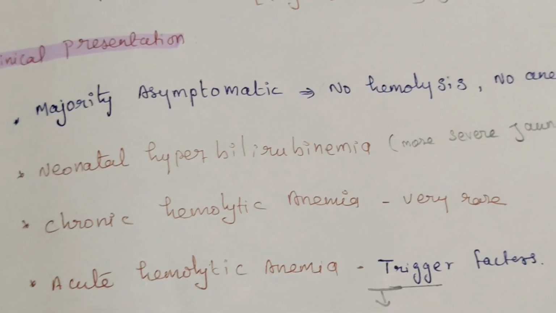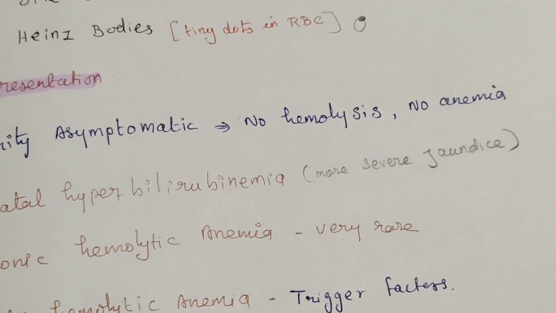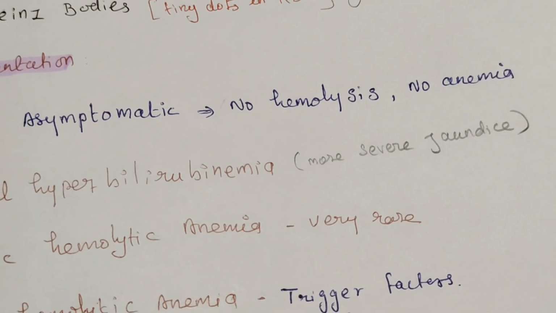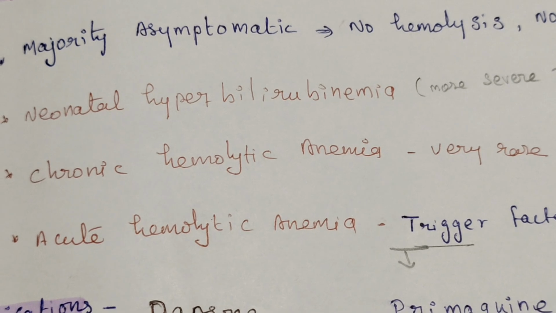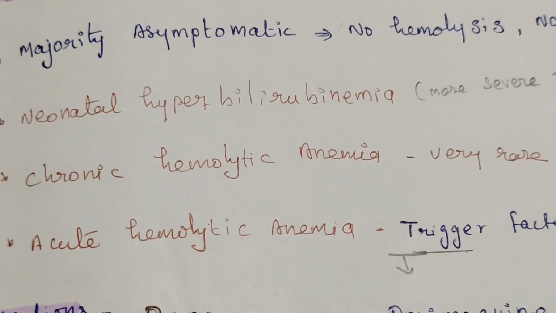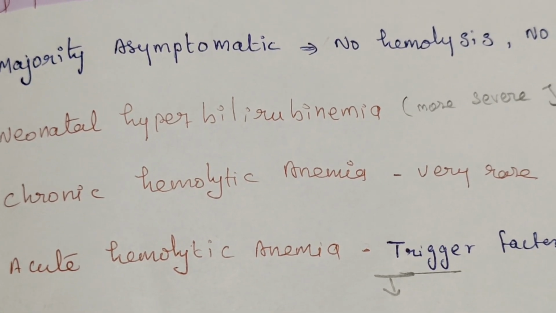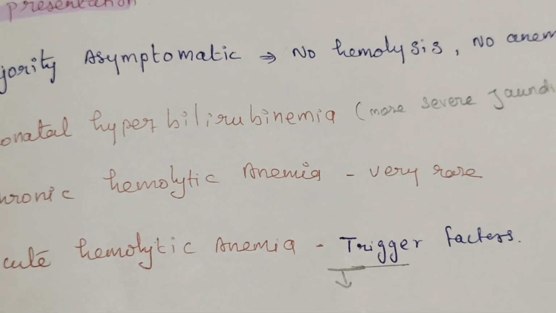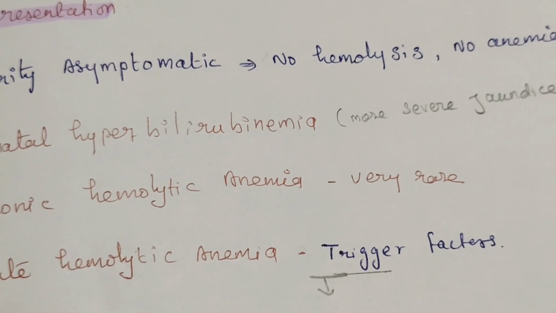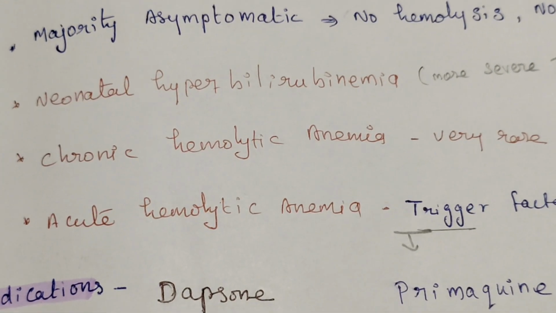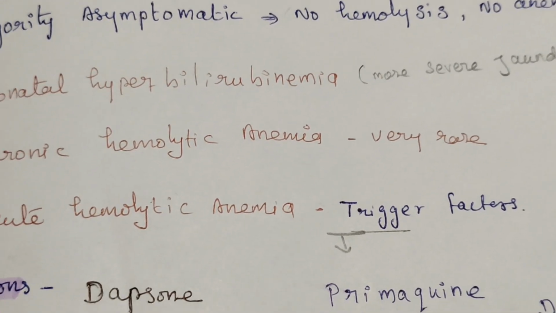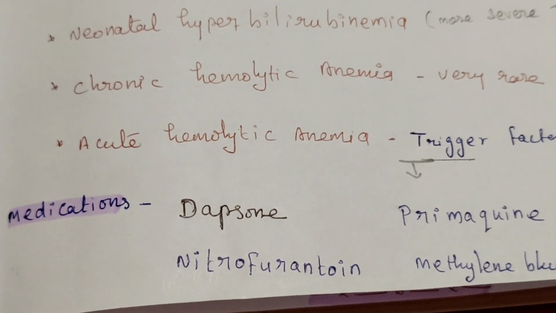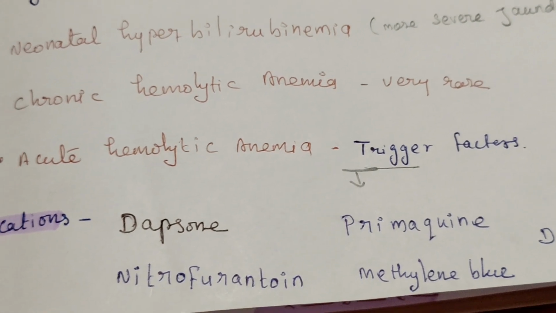In the majority of cases they are asymptomatic, that means no hemolysis, no anemia. Chronic hemolytic anemia is a very rare condition. Then acute hemolytic anemia. So what are the factors triggering acute hemolytic anemia?